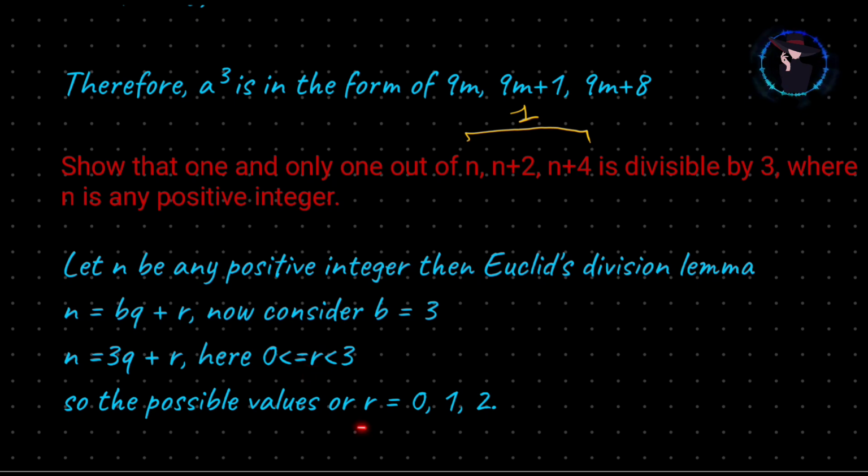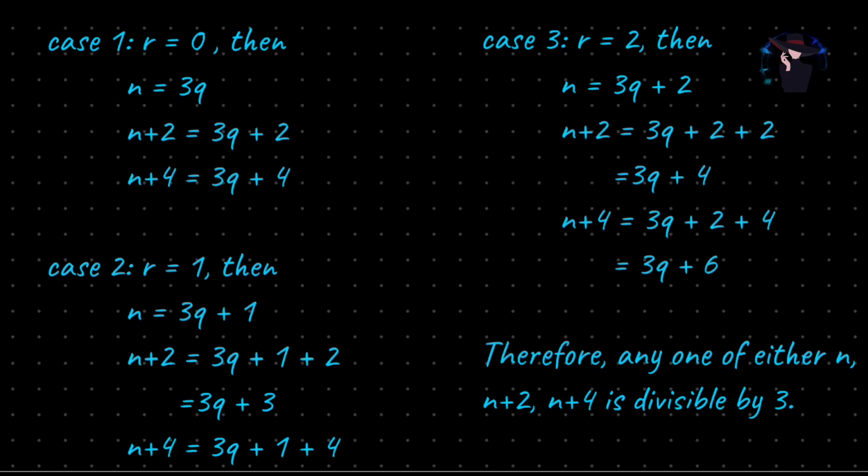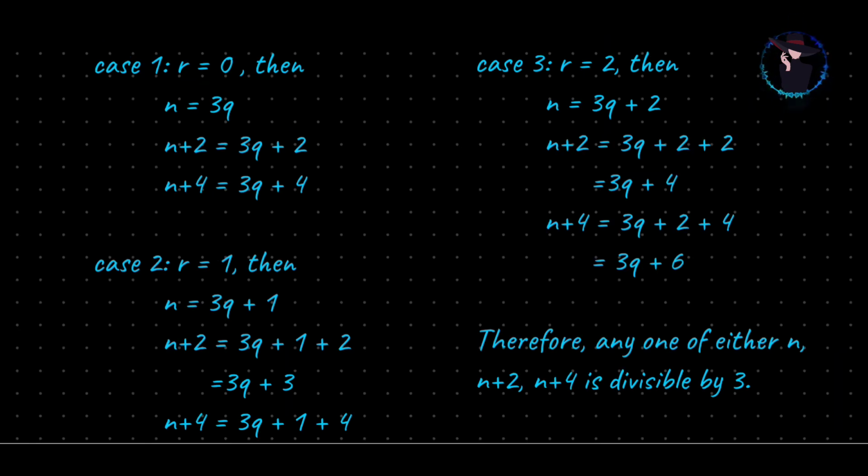We know the rule. So moving on, let's take case 1 as r equal to 0. So n is equal to 3q, right?